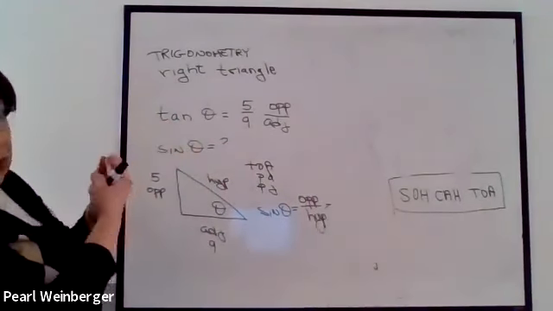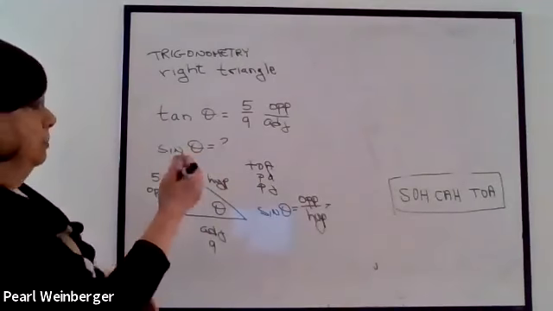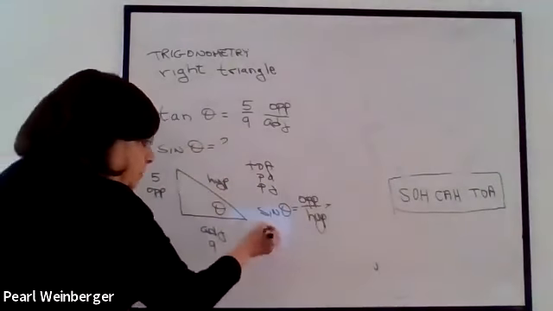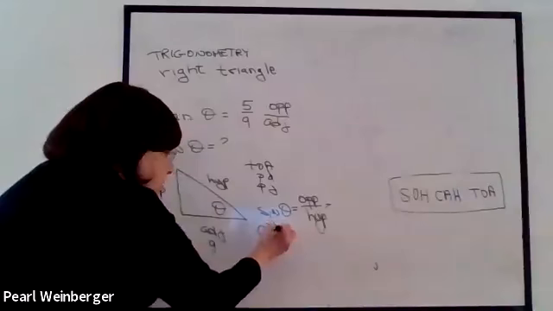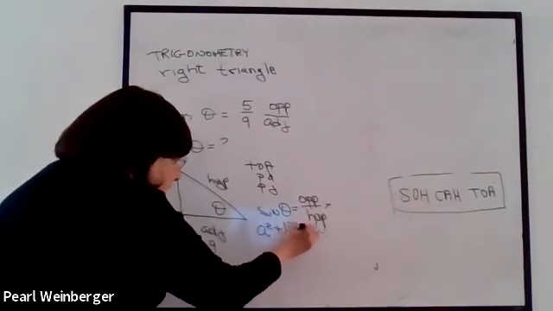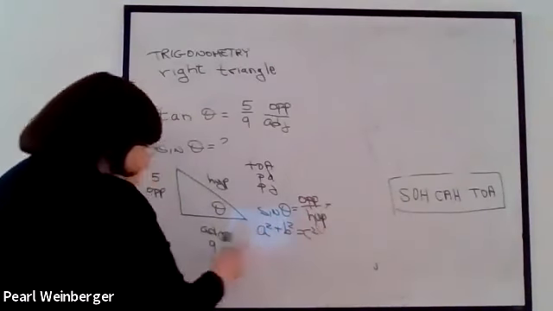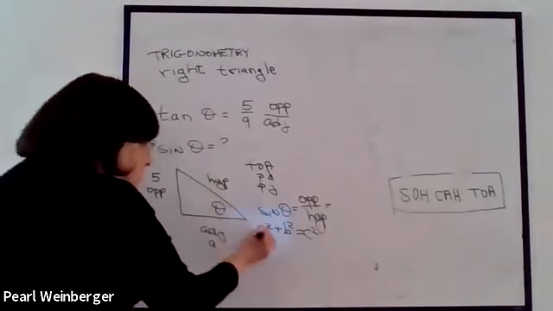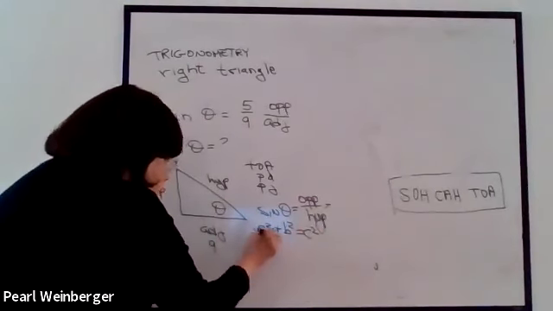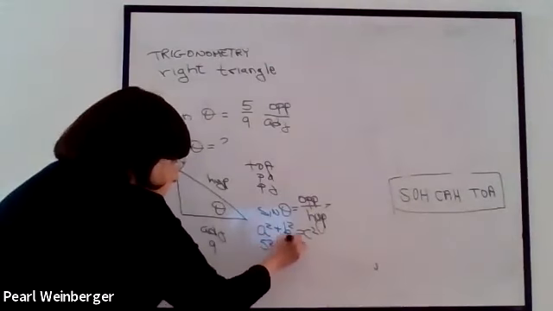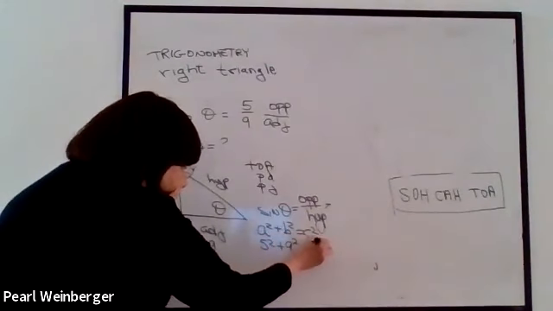But I can figure it out, because I can do what I did before: a squared plus b squared has to equal c squared. The opposite is 5 squared, this is my b, this is 9 squared, equals c squared.